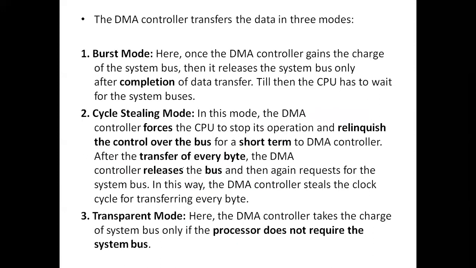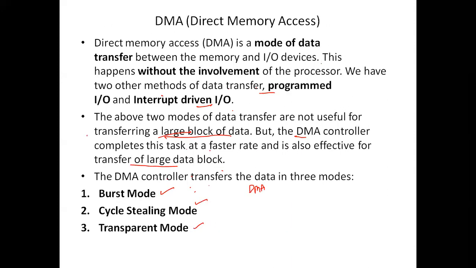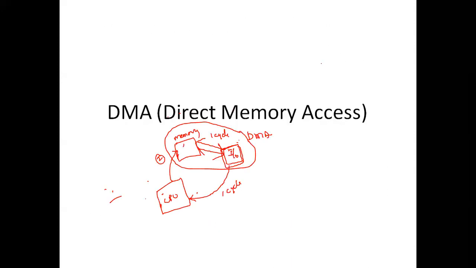So what do you mean by burst mode? Here, as I have said before, we are not going to involve the CPU. The CPU will be there, and memory will be there, and here IO devices are there.